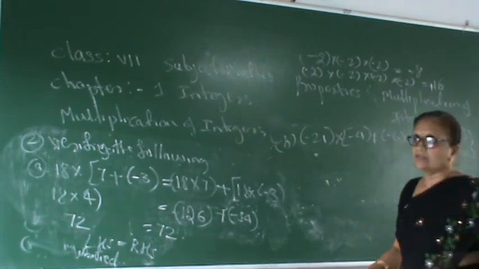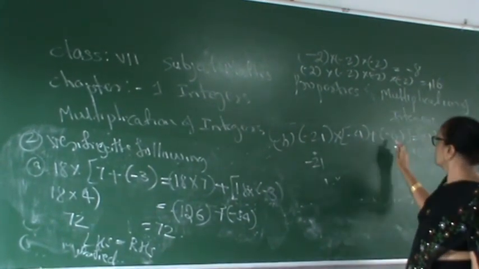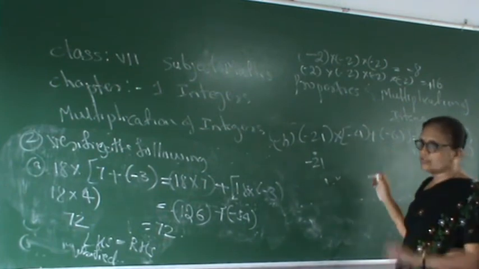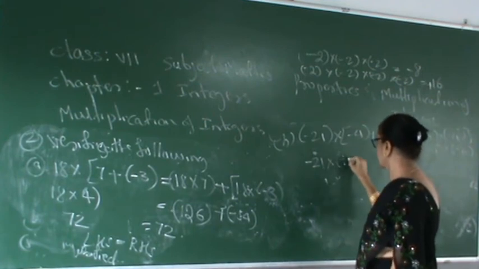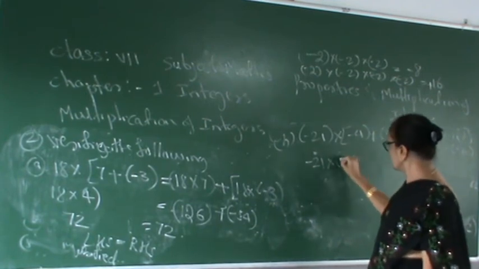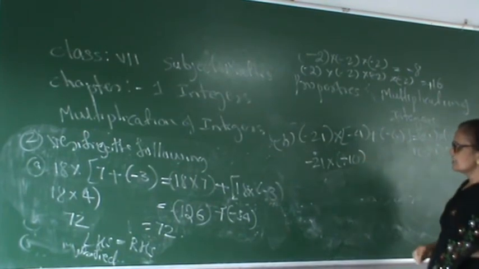Okay, left side we will do first. Minus 21 into (minus 4 minus 6). Both are the same sign, so we will add. Minus 4 minus 6, both are the same sign, so we added: minus 10.